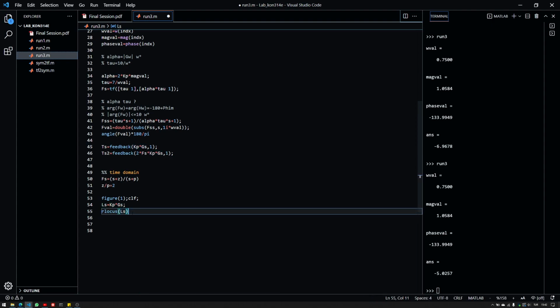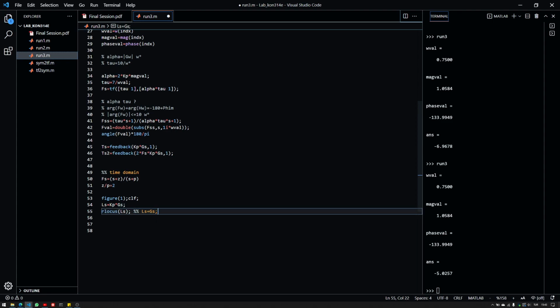Remember that we use the loop transfer function, not the closed loop transfer function, because that's most of the time what confuses the students, as I've seen from the previous work. Now, it is Ls, and if you are using the open loop, this becomes Gs. So root locus of Gs makes sense.